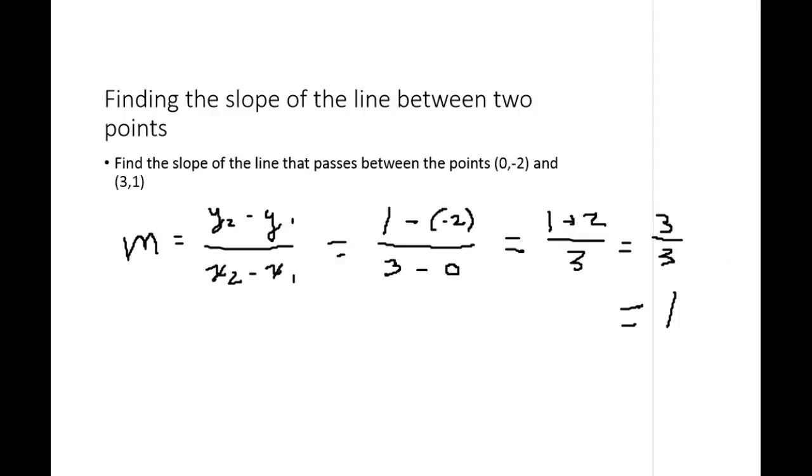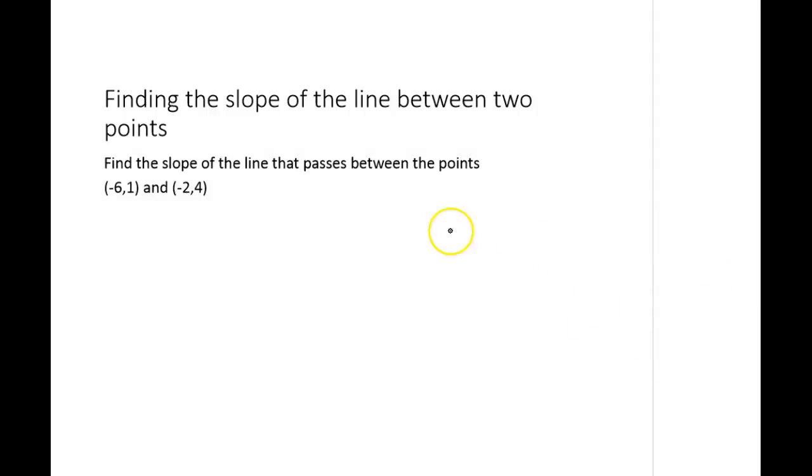All right. Let's do another one. m equals y2 minus y1 over x2 minus x1. See what we have.